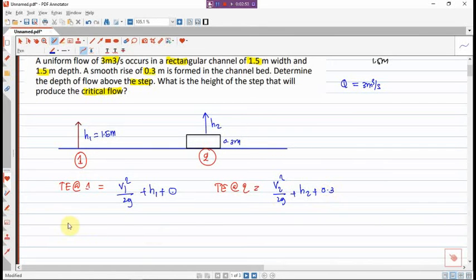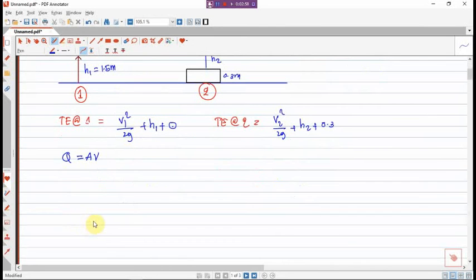When you apply Q is equal to AV for both sections, first for the first section, v1 is equal to Q upon A1. We already know the Q value, and the area is 1.5 into 1.5, so we get 1.33 m/s.